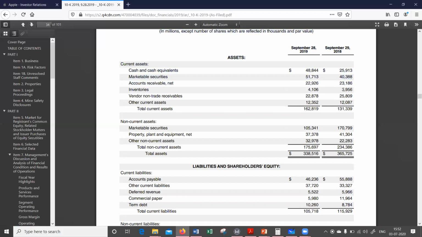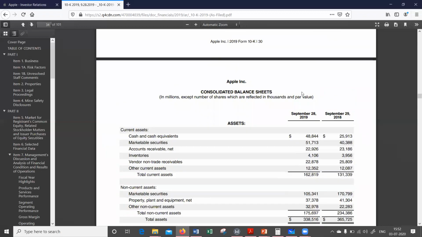And at the beginning of 2019, we have 3956. So Apple started with 3956 as the inventory, or you can say the raw material in its warehouse, and ended the year with 4106. So I think we have all the figures we were looking for, and it's very easy now to calculate the inventory turnover ratio.